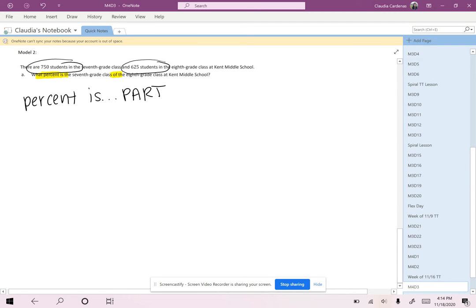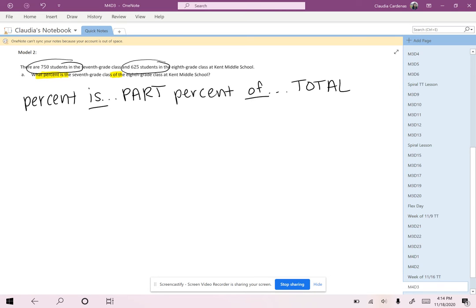And then percent of gives us the total. So let's go ahead and write this in our notes. So when we see the words percent is, it leads us to the part or the quantity. And then when we see percent of, that leads us to the total.